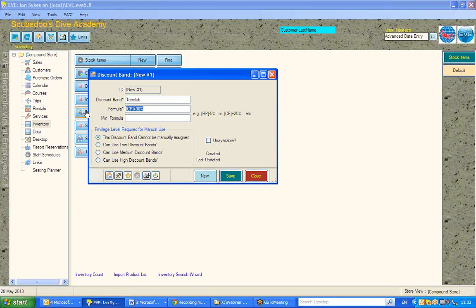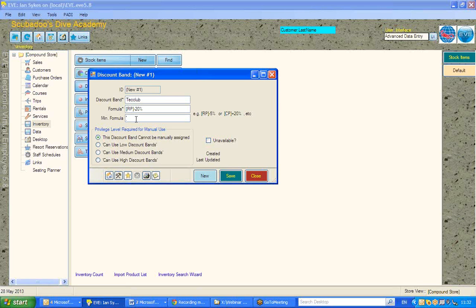Now, one of the things you can see here is a minimum formula, and this is probably more applicable to items where we start with a retail price as our initial indicator of what the discount will be. So I'm going to just show you how simple this is, put in retail price minus 20% as the standard formula for this discount.